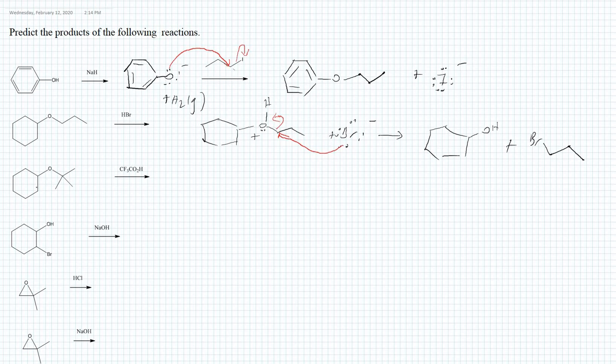In the next part, again, we have an ether. This part of the ether is t-butyl, and this part is cyclohexyl. So it's a secondary and a tertiary carbon on the ether functionality. And here we have trifluoroacetic acid.